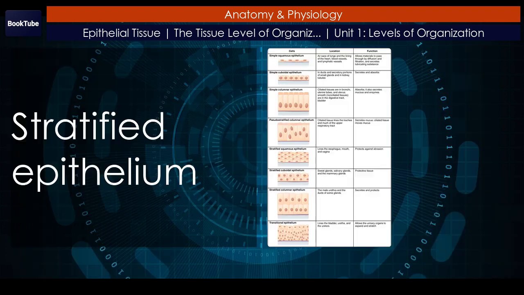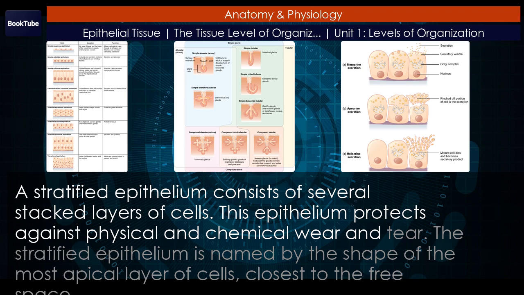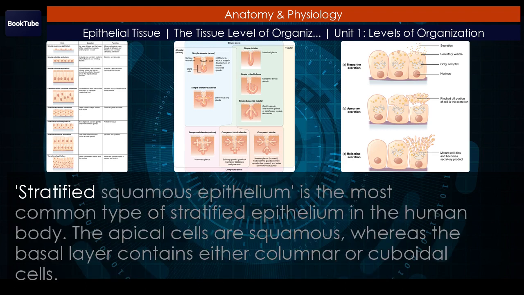Figure 3. Stratified epithelium. A stratified epithelium consists of several stacked layers of cells. This epithelium protects against physical and chemical wear and tear. The stratified epithelium is named by the shape of the most apical layer of cells closest to the free space. Stratified squamous epithelium is the most common type of stratified epithelium in the human body.